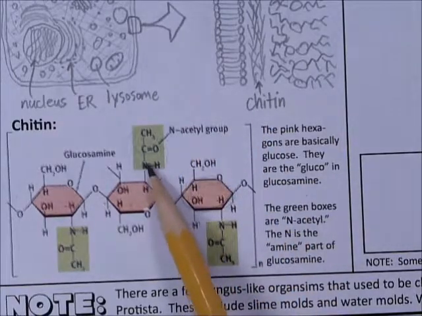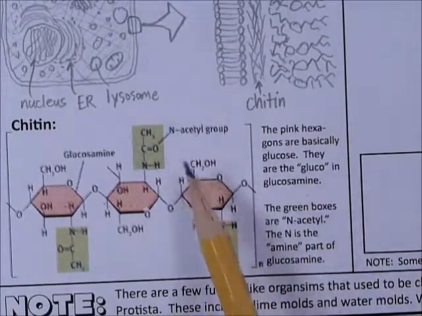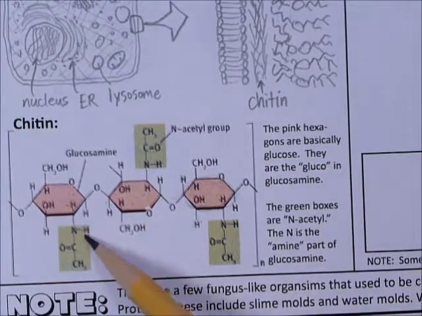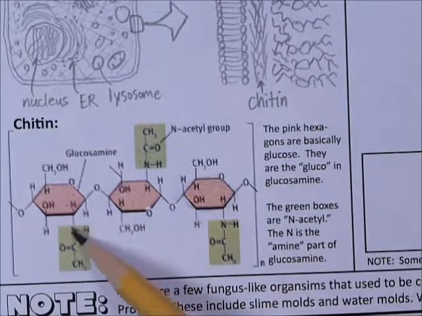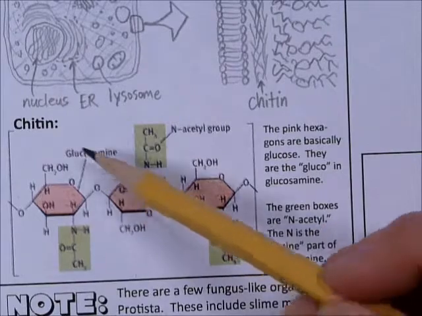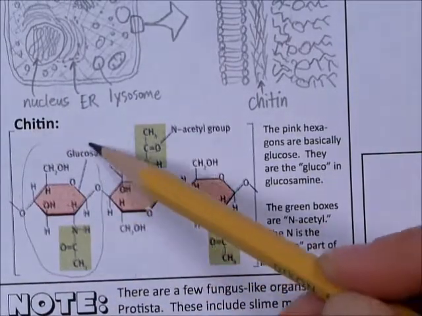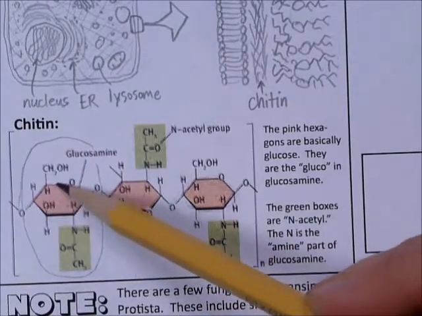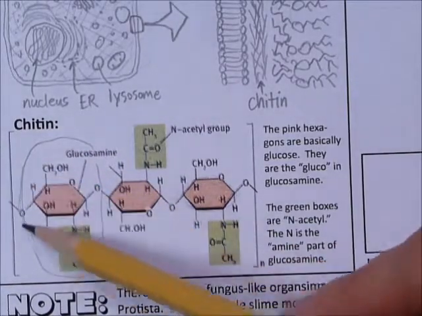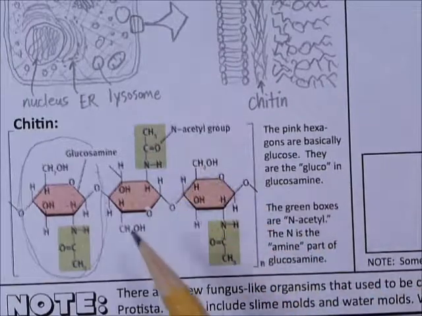There's the N, and the rest of it's the acetyl. And a glucose with its little N-acetyl group hanging off this is called glucosamine. This part, one hexagon with the rectangle on it, that thing is a glucosamine.